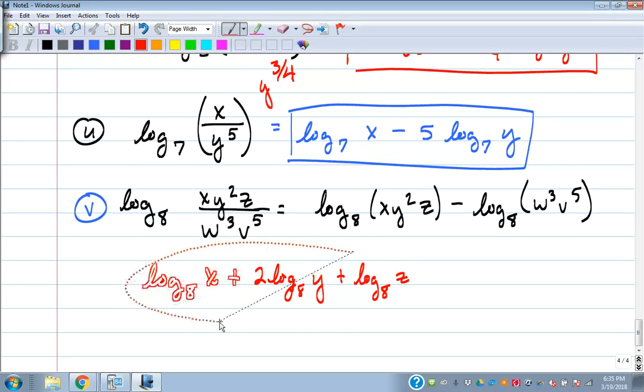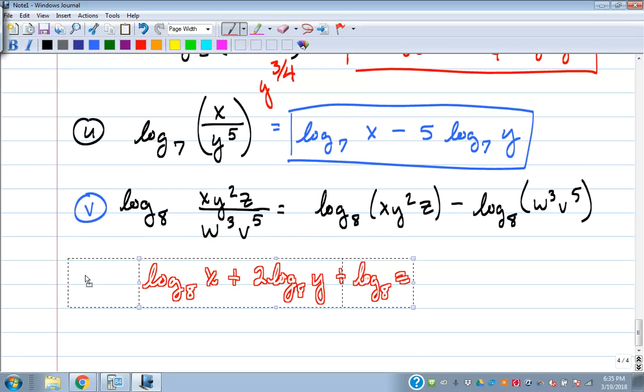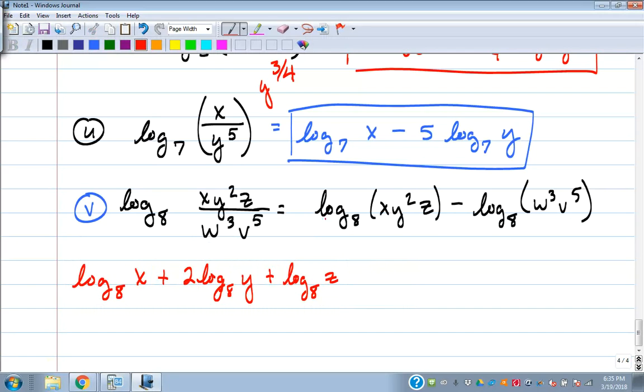Okay, so that first one expands to be that stuff. That's the first one. Minus 3 log 8 of w.